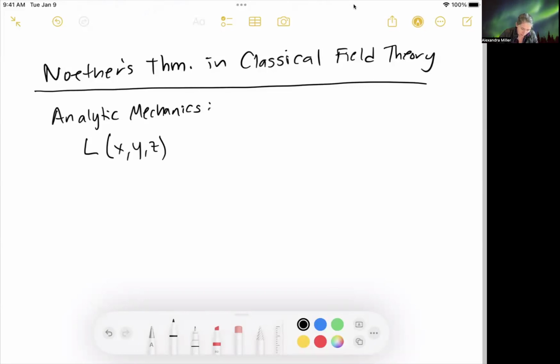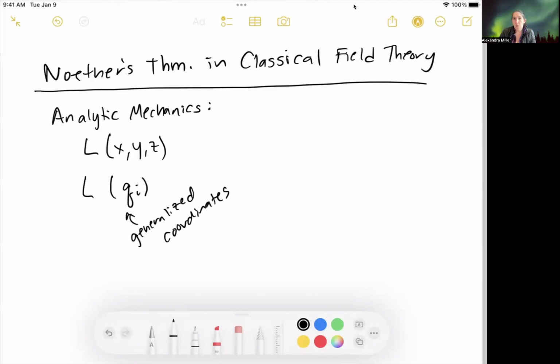And then if we apply the Euler-Lagrange equations, we're taking derivatives of this with respect to our coordinates. So I say x, y, and z. I guess more generally, we often write this as functions of q, which are our generalized coordinates, which again can be our x, y, and z Cartesian coordinates, or they can be polar coordinates, or again, whatever coordinates you like.